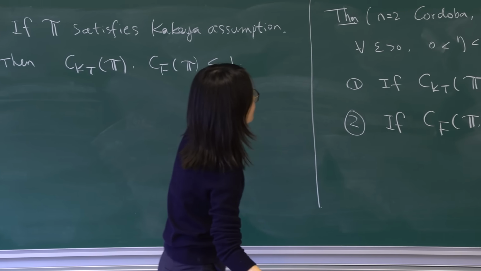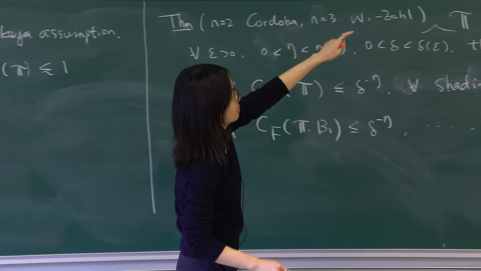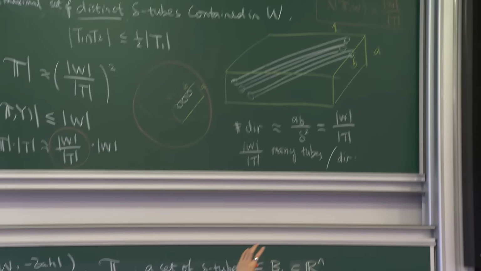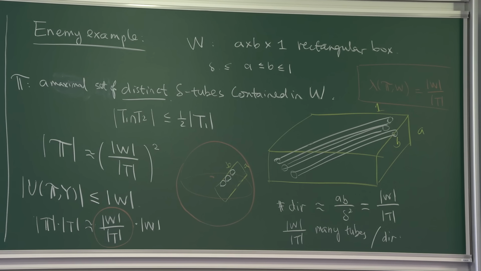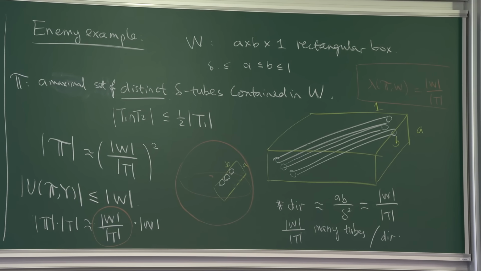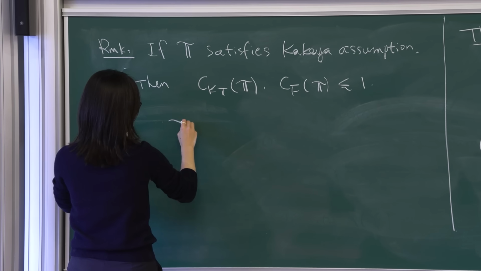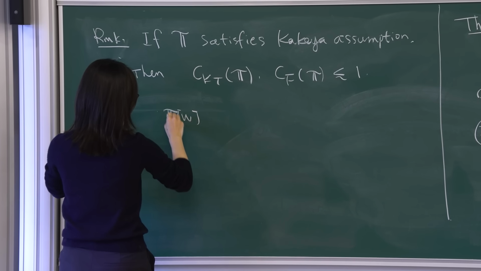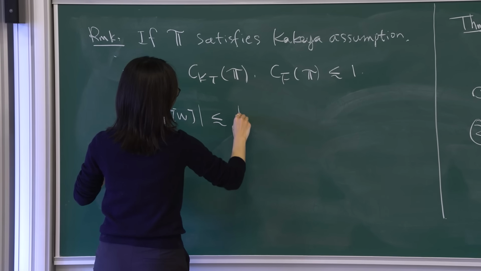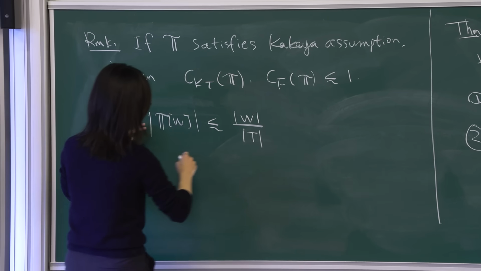We basically said, when we studied the enemy example, that for any A times B times 1 rectangular box W, the number of delta-separated directions that could be contained in W is at most the volume of W divided by the volume of T.